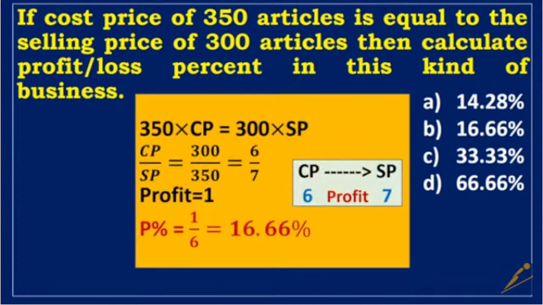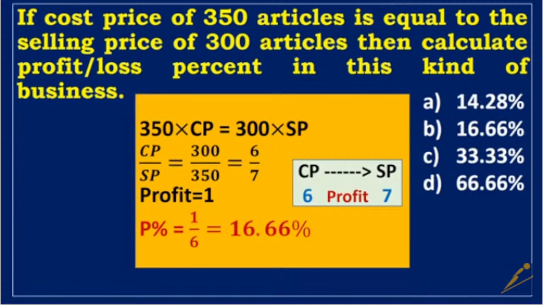From the information given, 350 times CP is equal to 300 times SP. When rearranging the terms, we get the ratio of CP to SP. CP divided by SP is equal to 300 by 350. The fraction is 6 by 7. It is noted that the CP is 6, and the SP is 7.